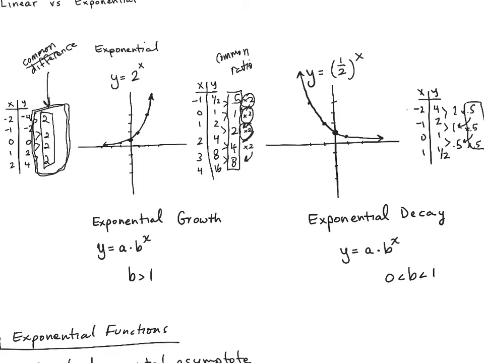And remember, there's a word for that kind of behavior where a graph approaches a line but never crosses that line. It's an asymptote. So there is a horizontal asymptote right here at 0. There's also a horizontal asymptote at 0 for exponential decay.